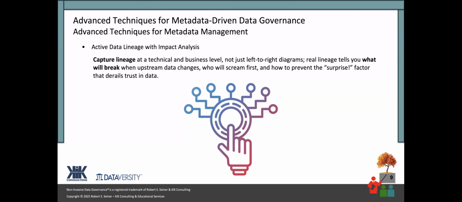So we need to focus on capturing that lineage metadata, not only at a technical level, which basically tells you what moved to where, but also the business reasoning: why this data was selected, why this data is transformed. We need to collect all of that. So capturing lineage, not only at a technical level but at a business level, is critical to the use of your metadata-driven tool that's going to help drive your data governance program.